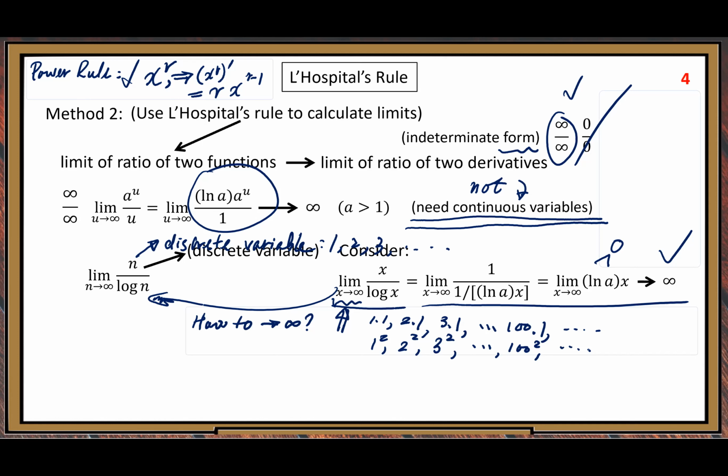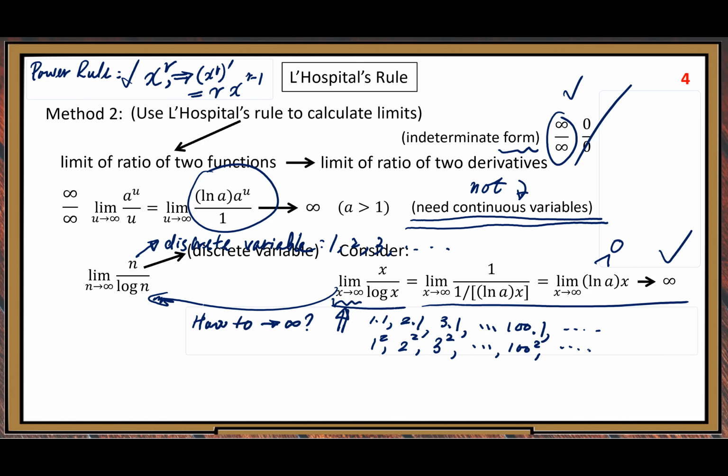Based on the definition of our limit, any pattern is okay, if only you approach infinity. That's the only condition. Any pattern is legal if it leads to infinity.